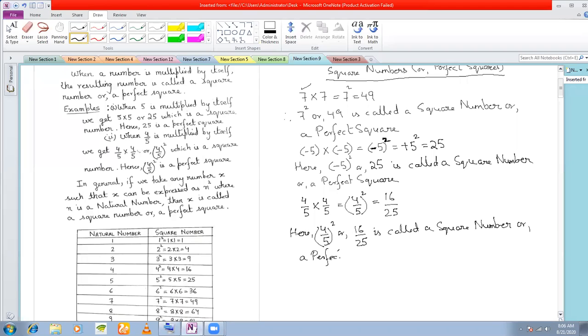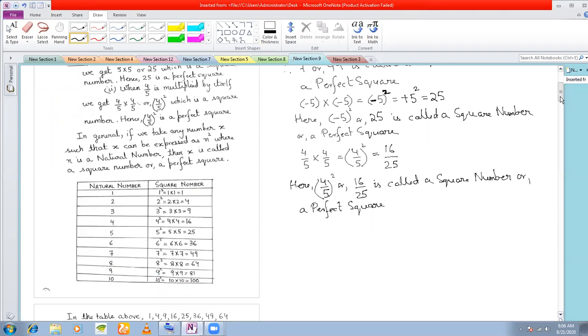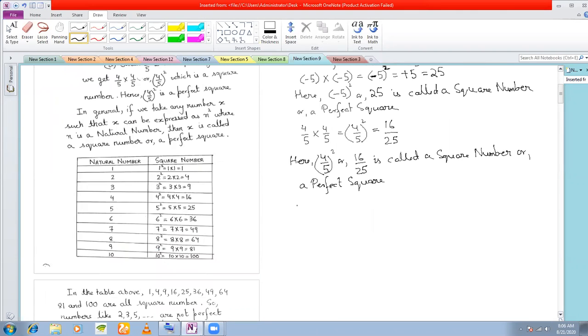You can have negative fractions also. For example, minus 2 by 3. What is the square of minus 2 by 3? You multiply minus 2 by 3 by itself. What you get is minus 2 by 3 square.